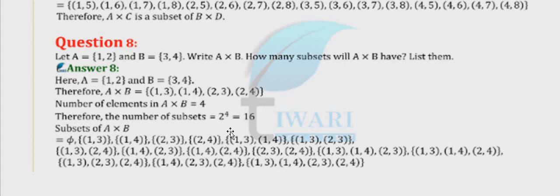So it will be 2 raised to the power m into n, meaning 2 raised to the power 4, which is 16. First you will take single pairs, then double pairs, then triple pairs, and the final one will be A cross B itself. You can make it like we have done previously.